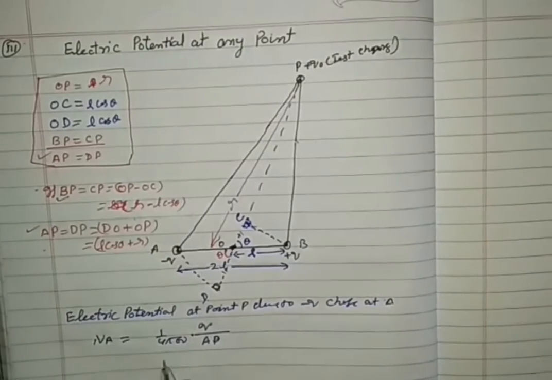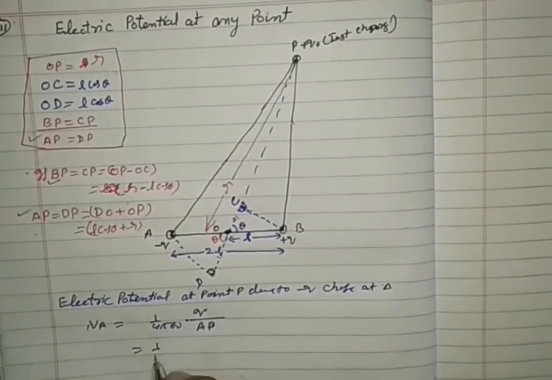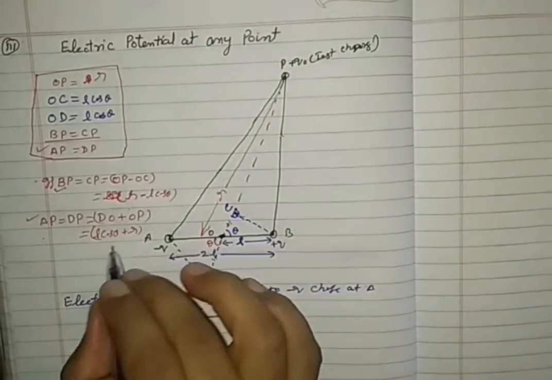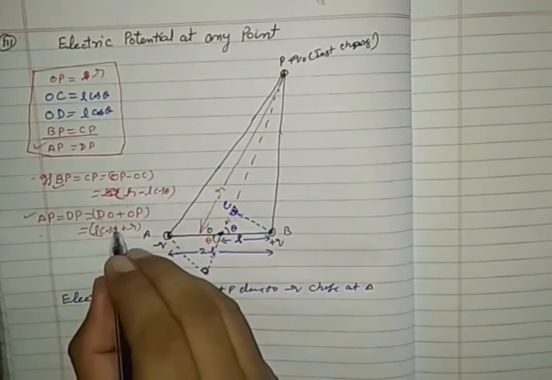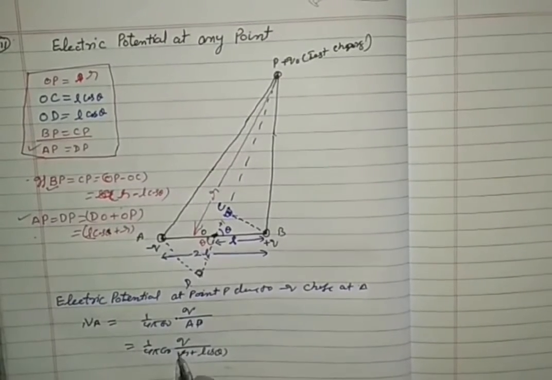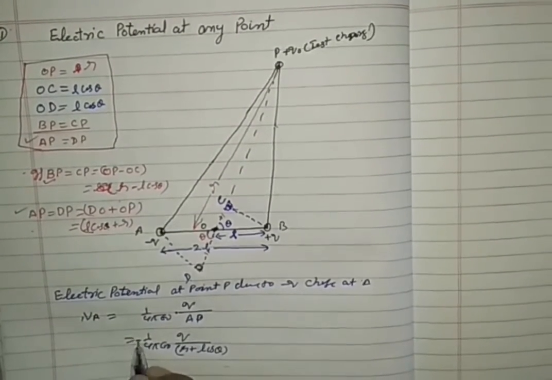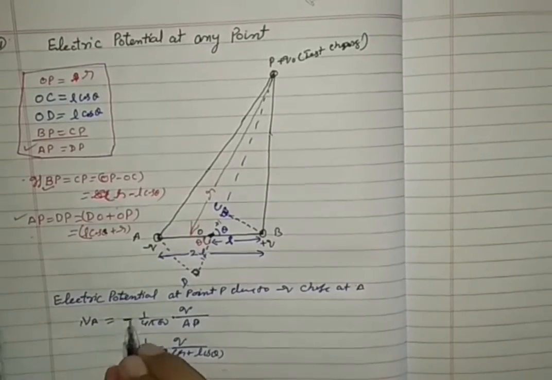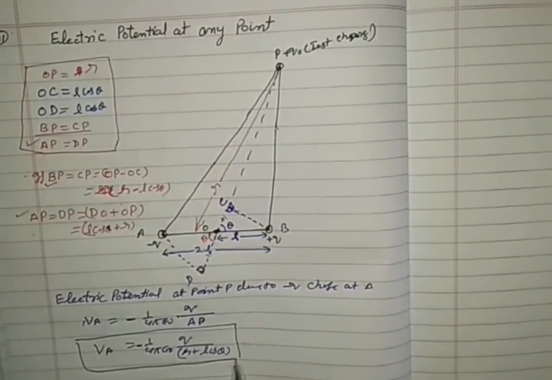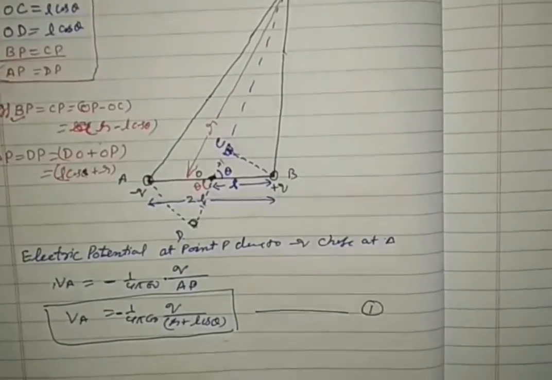This AP is L cos theta plus R, or we may write R plus L cos theta. Since it is a negative charge, it is given by a negative sign. Let's call it equation number 1.